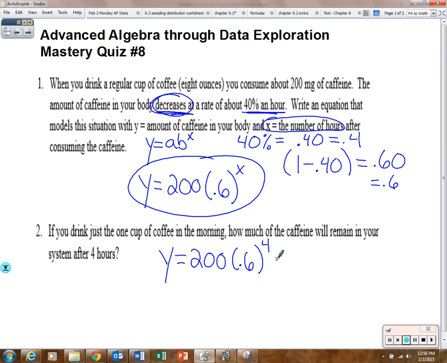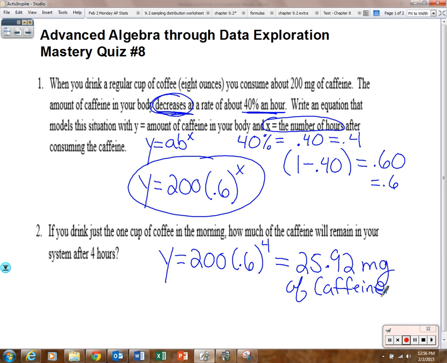Now, you can just type that into your calculator. 200 times 0.6 to the 4th power, and it says 25.92. Well, 25.92 what? Milligrams of caffeine, because that's what it's given in. So that's how much remains in your body after 4 hours.